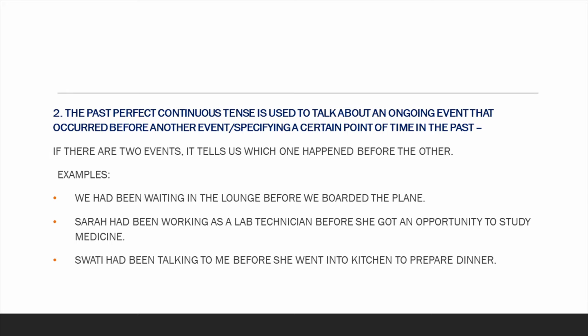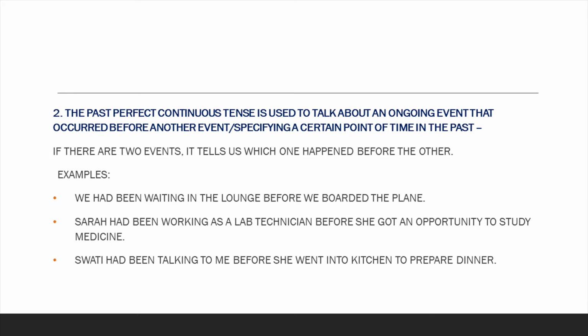Okay, and Swati had been talking to me before she went into the kitchen to prepare dinner. So she had been talking. That progressive or ongoing action happened before she began to prepare dinner. Can you see how clear it is? If you use just simple past, it wouldn't make it clear.